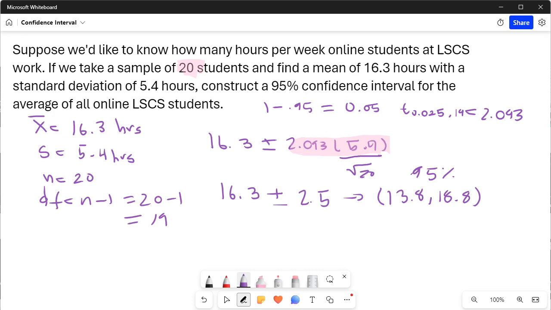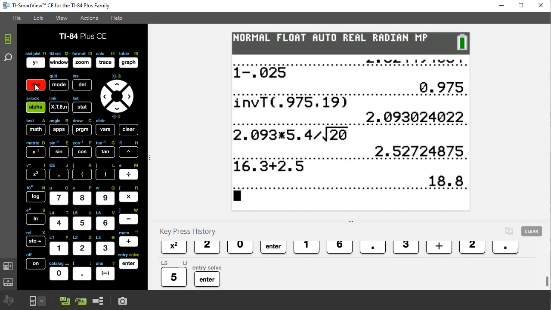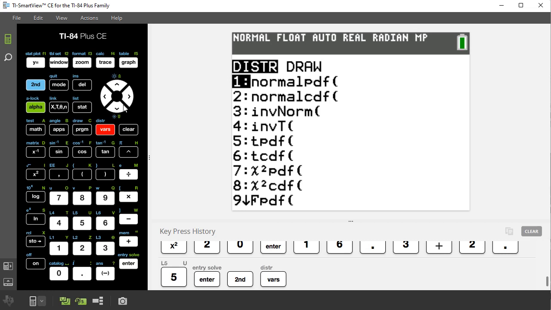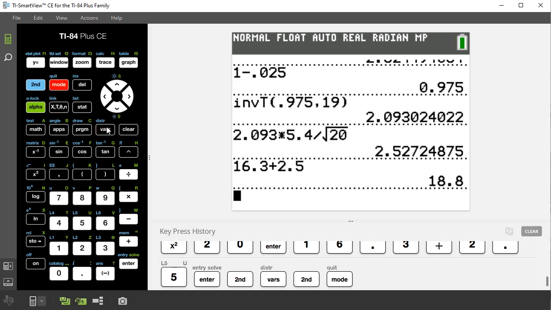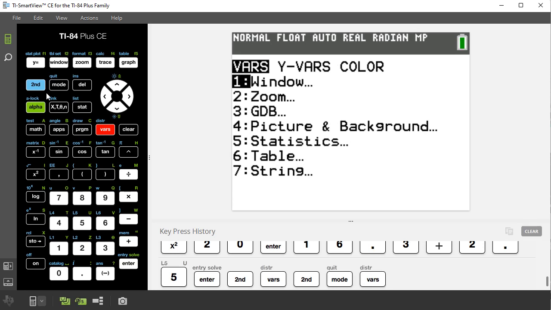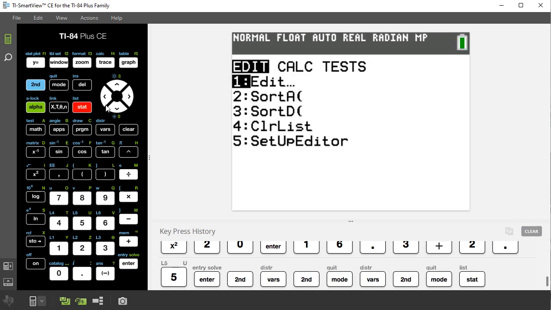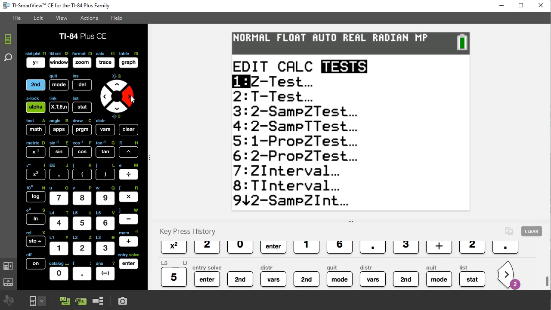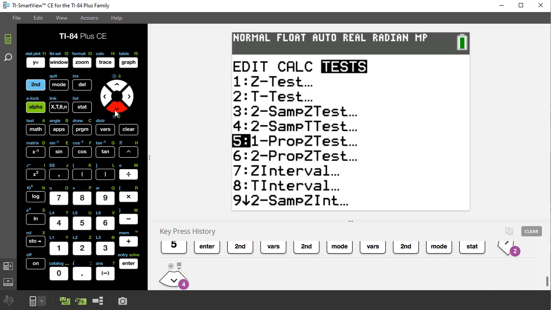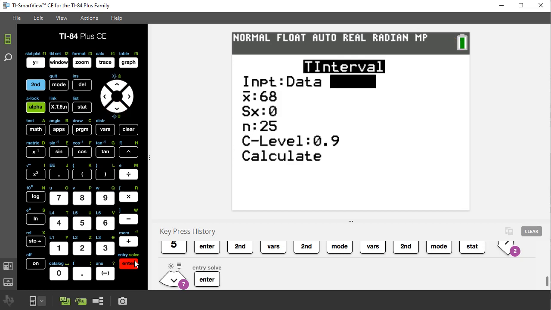So let's say that we wanted to find the same thing, but a lot faster. I think it's stat. Yeah, so go to stat, go to tests, go to the t interval, and here we're just inputting the statistics that we already determined.